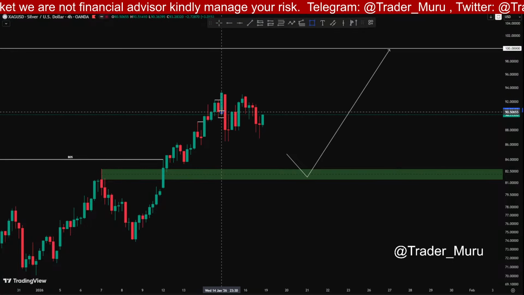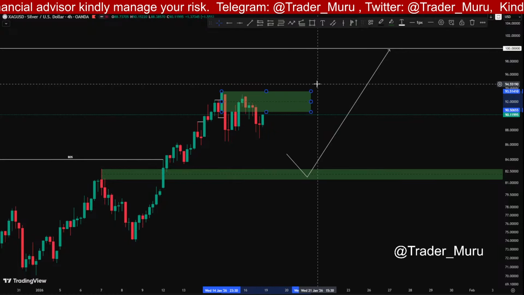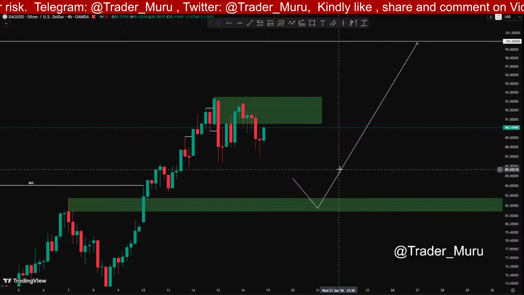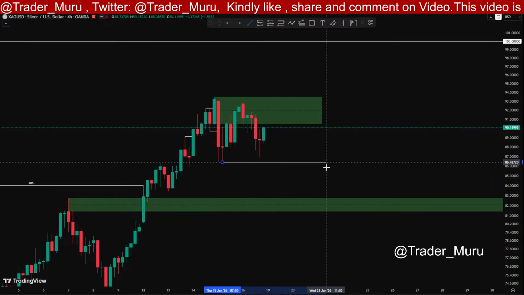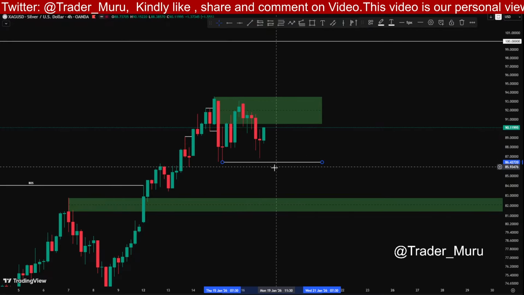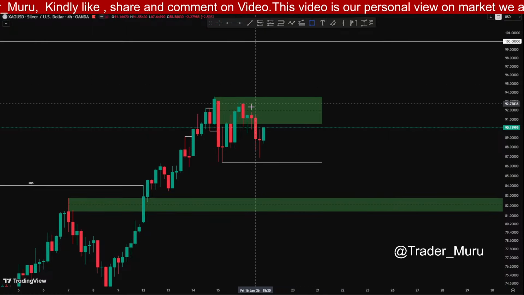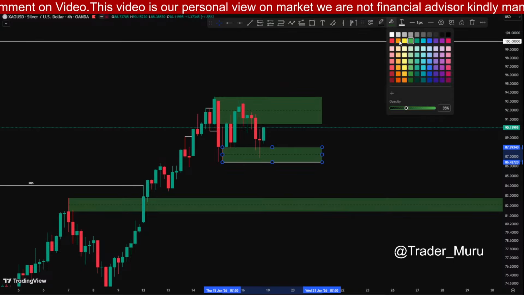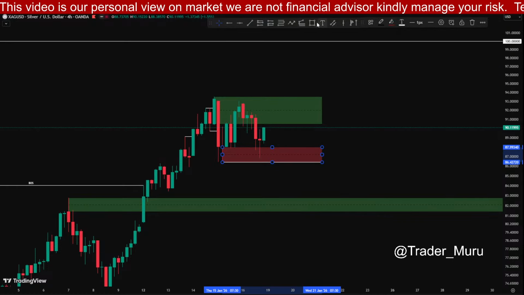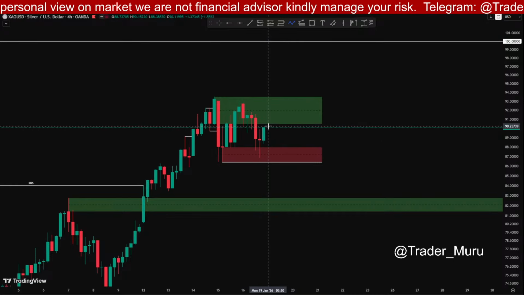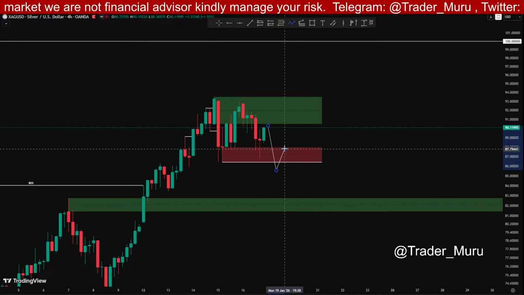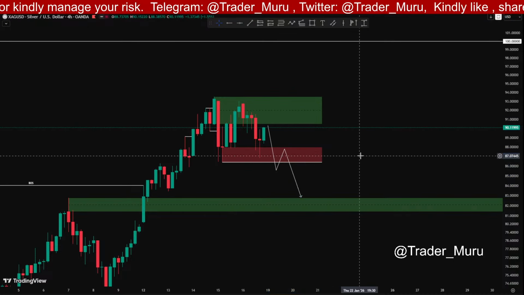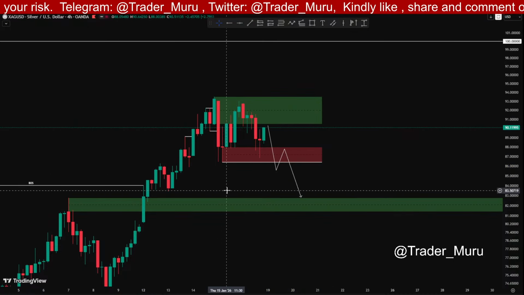Price tested our structural order block and is dropping from there. Once a 4 hour candle closes below here, it will be a continuation towards the downside. Then this zone will be your next sell zone. Price will again test here, drop, retest, and again drop. So this will be the possible path in silver according to the 4 hour time frame.